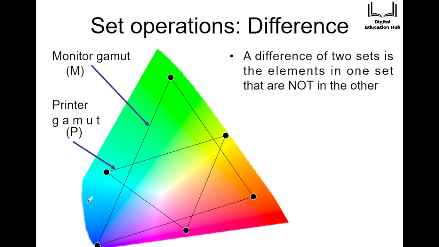The fourth operation which we can perform with the set is difference. The difference of two sets is removing the elements in one set that are not in the other.